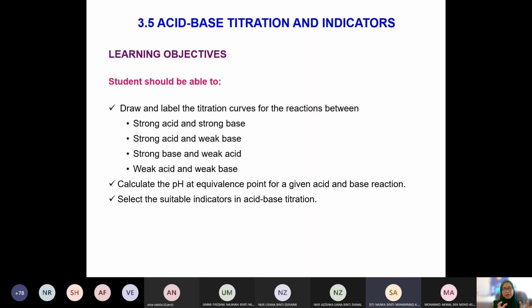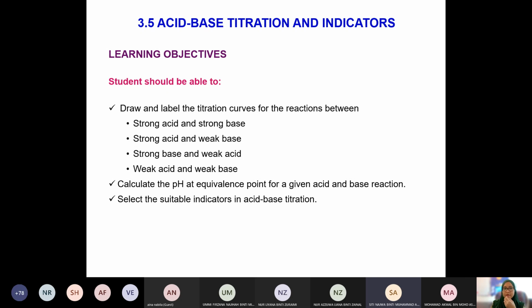So that's why in our chronology, acid, base, salt are all separate. Now we want to combine everything in this subtopic, acid-base titration and indicators.